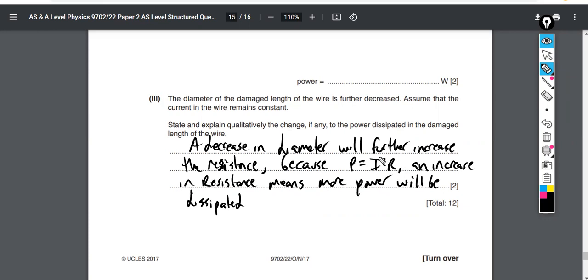All right, if R goes up, power goes up too, because the current in the wire is remaining constant.